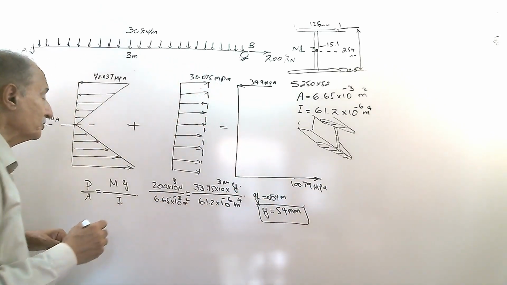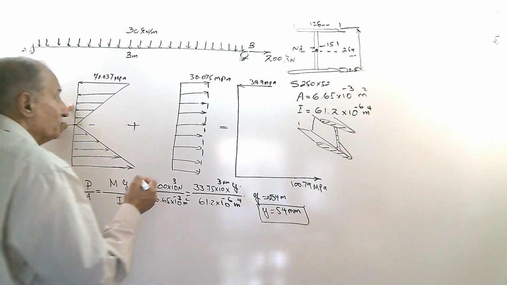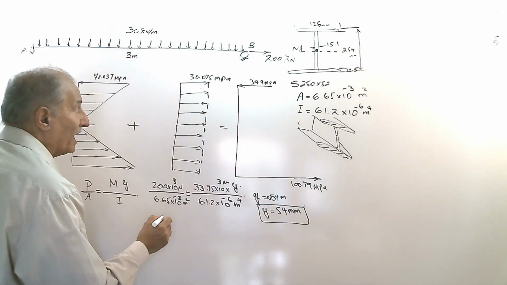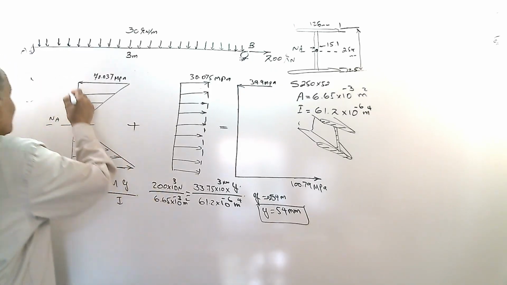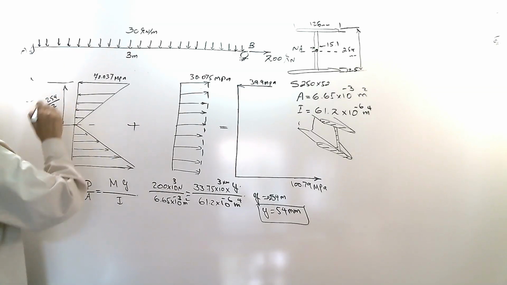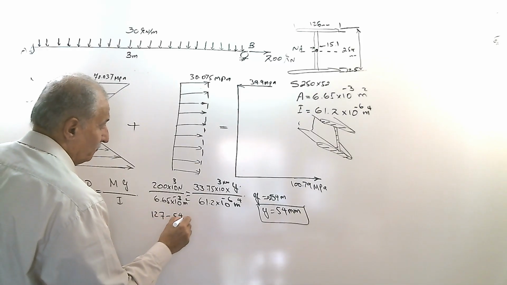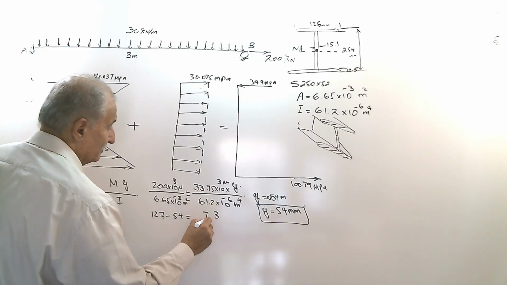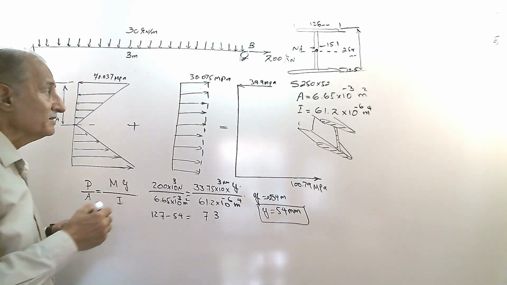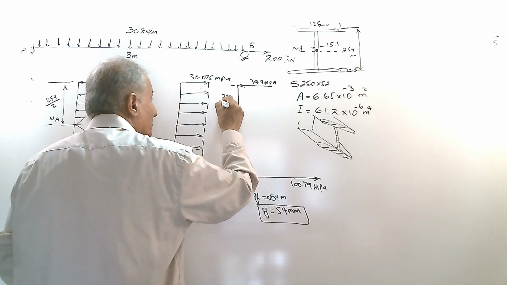54 millimeter from the previous neutral axis of the bending. How much is it here from the top? You must subtract this distance, which is 254 divided by 2, 127. 127 minus 54 is 73, this amount here. From here to here, 73 millimeter.